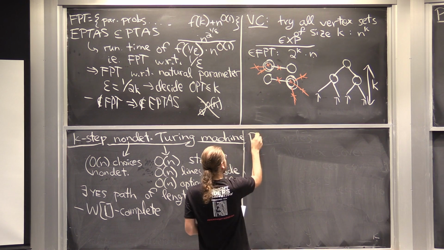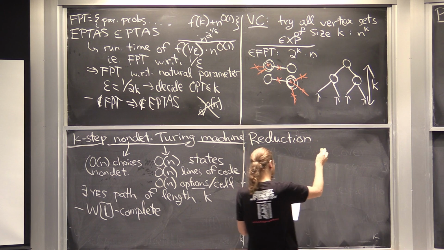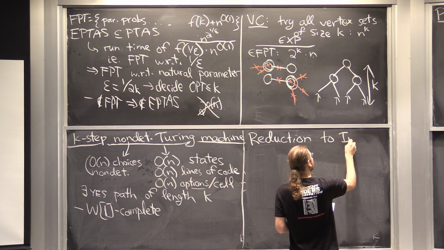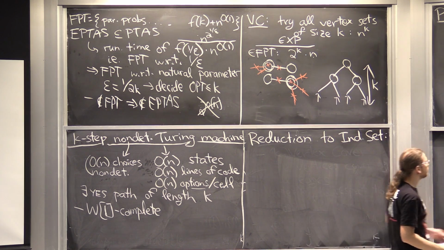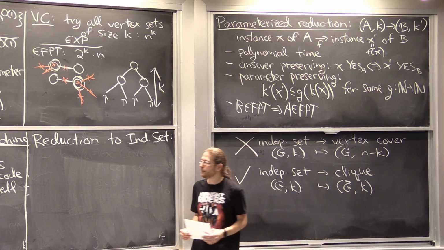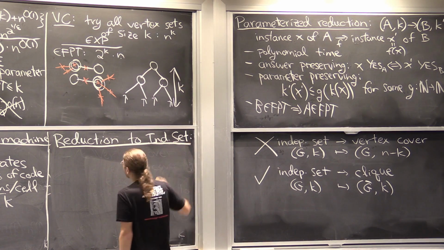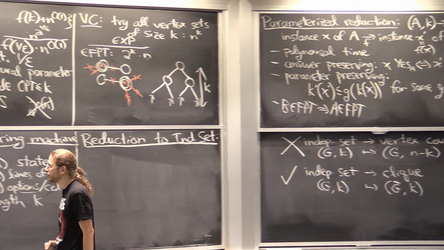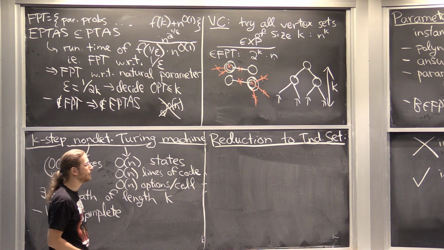So let's do some simple reductions. Well, some reductions, maybe not simple. So I mentioned this problem independent set. That's also W1 complete. And to prove, first of all, that it's W1 hard, I'm going to reduce this problem to independent set.